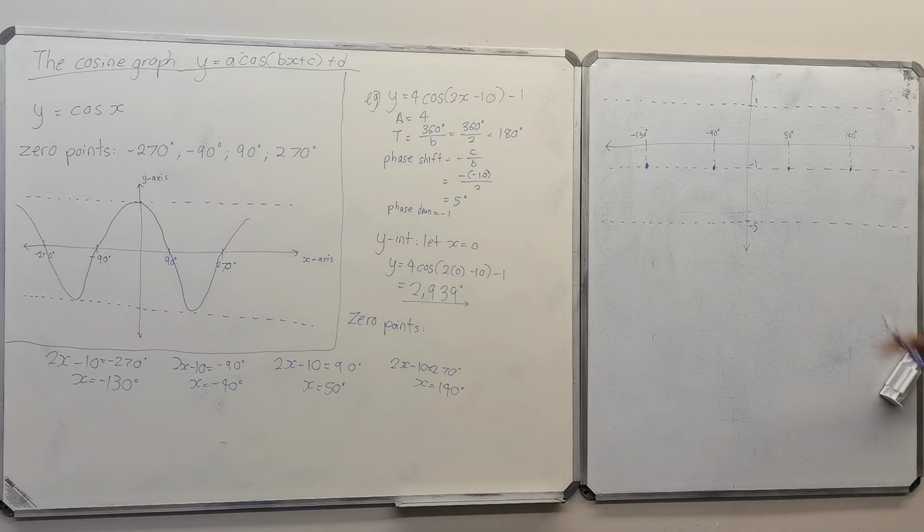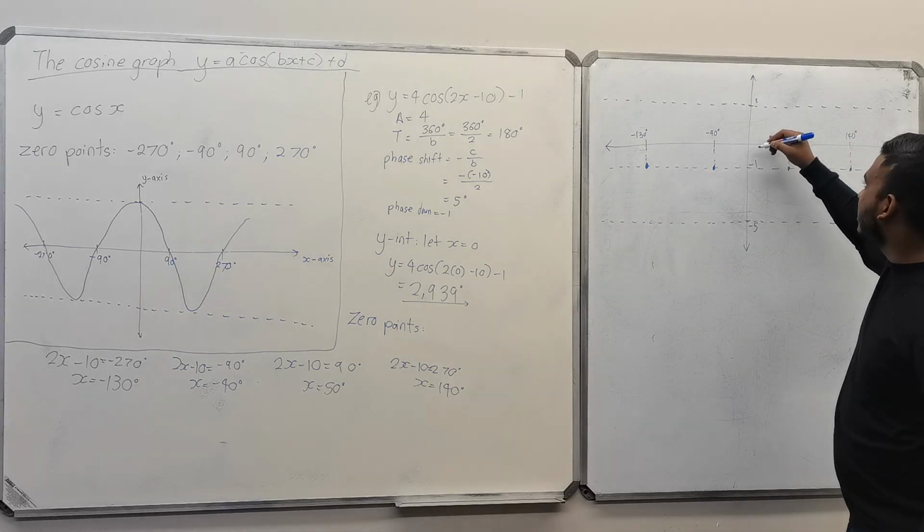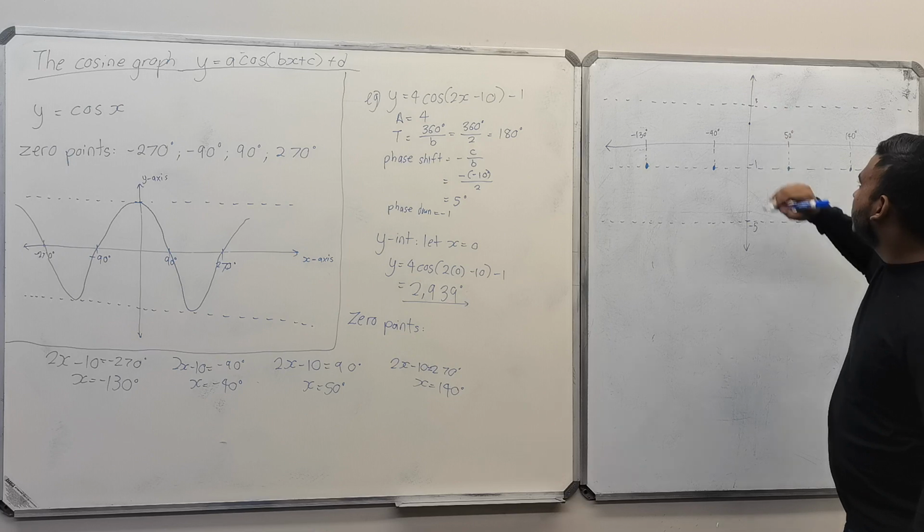So far we made use of all the information that was given to us. Your cos graph starts from the higher amplitude. But remember where your y-intercept would be at x equal to 0, so your y-intercept would probably cut somewhere there.